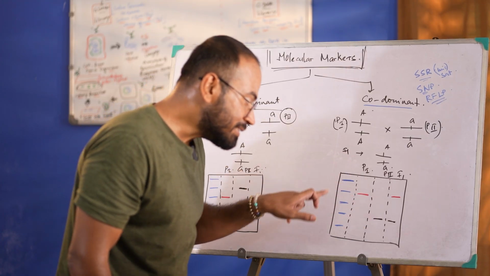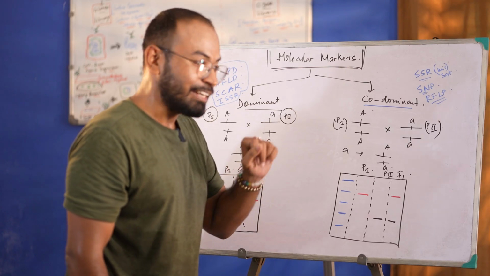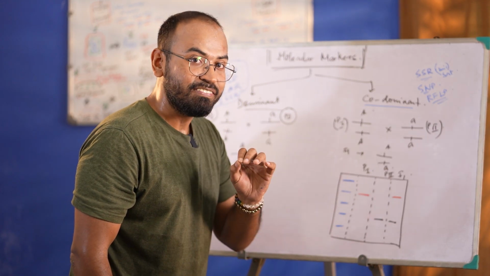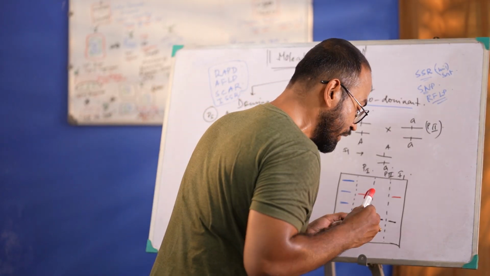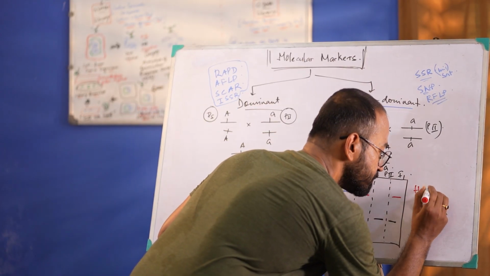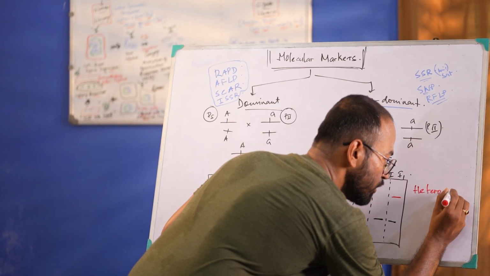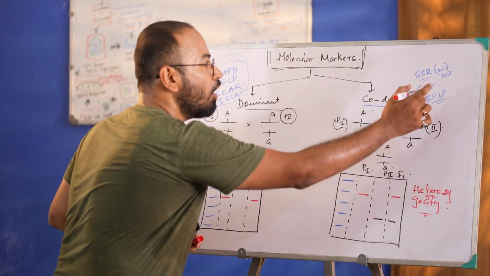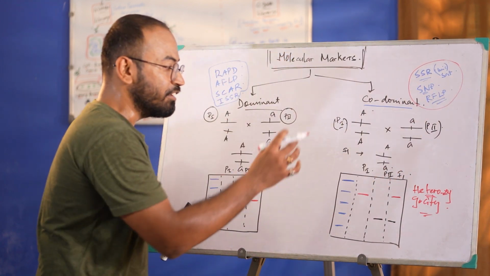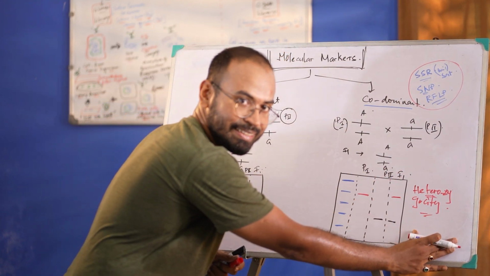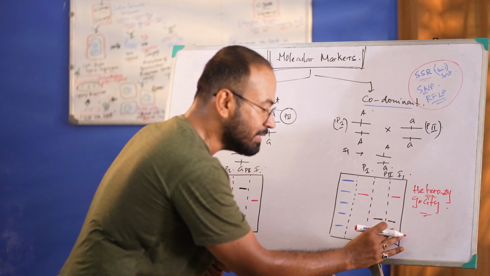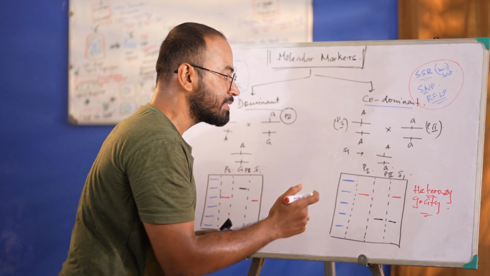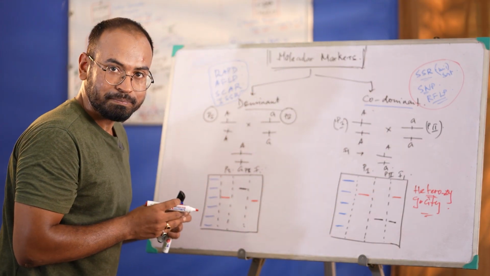So from this analysis, when it comes to codominance, we will receive heterozygosity. Therefore, all of these markers will represent heterozygosity. That means both of these fragments, both of these regions, will be visualized within the F1 generation.